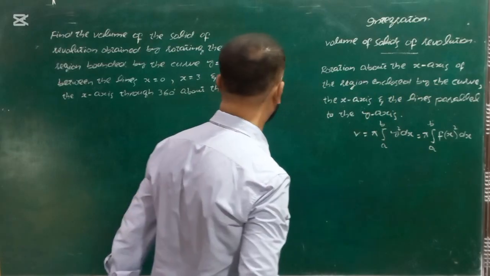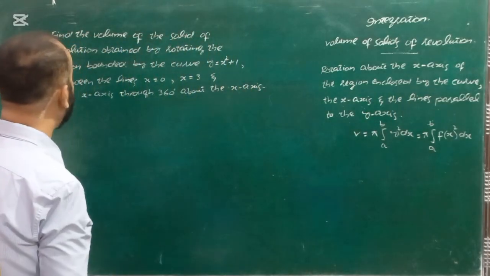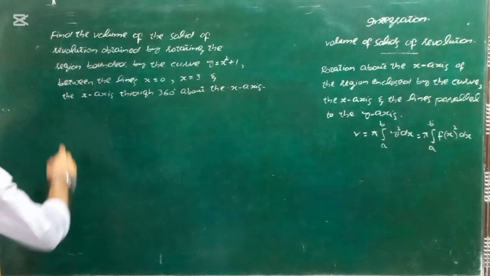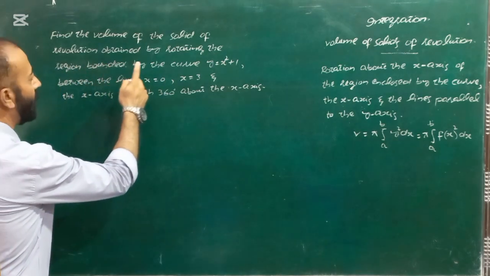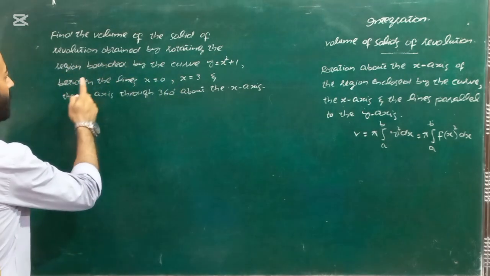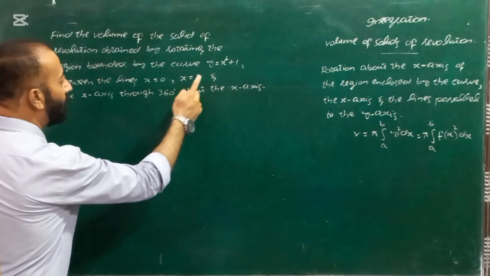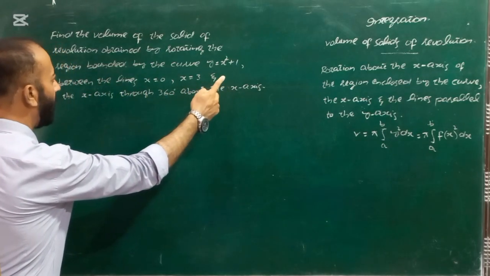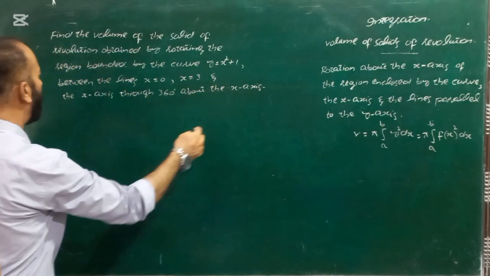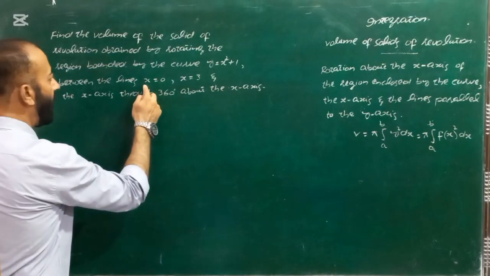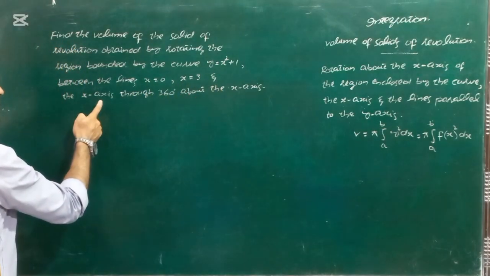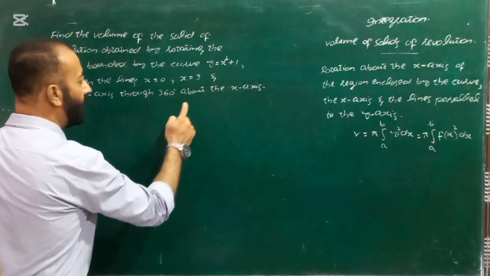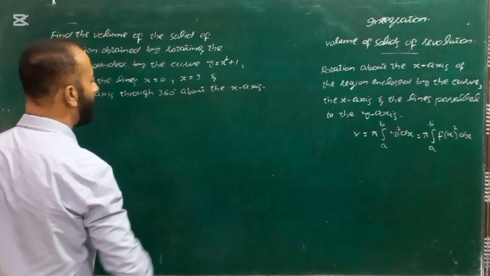Here is a question that will make your concepts clearer. Find the volume of the solid of revolution obtained by rotating the region bounded by the curve y equals x squared plus 1, between the lines x equals 0, x equals 3 and the x-axis, through 360 degrees about the x-axis.